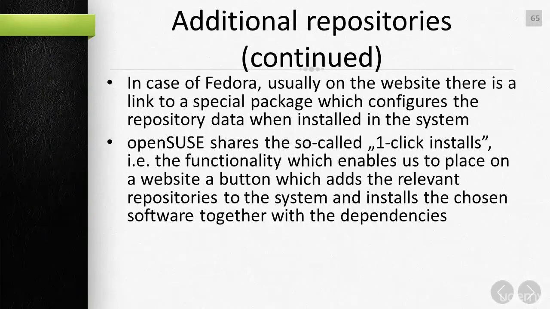When you click on it, all needed repositories will be first added. And then all necessary software along with its dependencies, which may come from the main repository or some additional ones, will be automatically downloaded and installed. This is a very convenient mechanism. The OpenSUSE distribution greatly simplifies the way in which user-made applications can be distributed through private repositories.